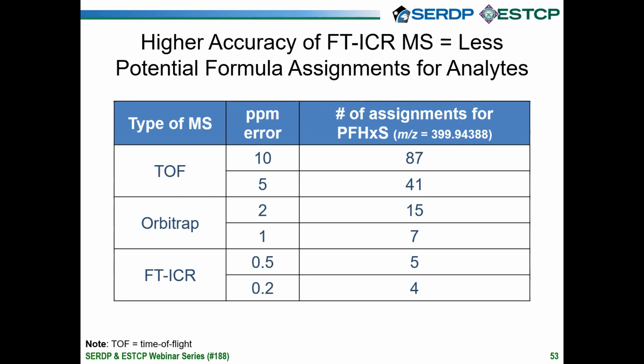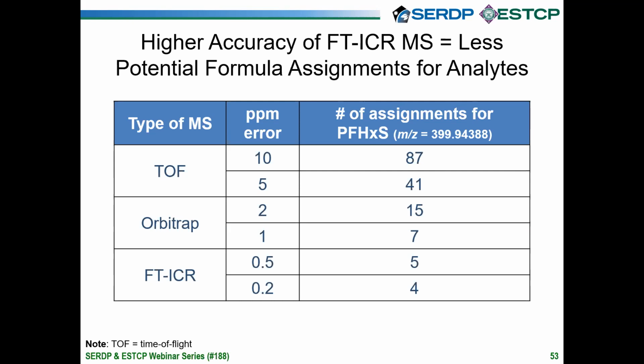So what that means is, going back to our example of PFHxS, if you have a peak and you wouldn't know what this is, and you run it against a database of PFAS, it would come back with somewhere between 41 and 87 potential elemental formulas.